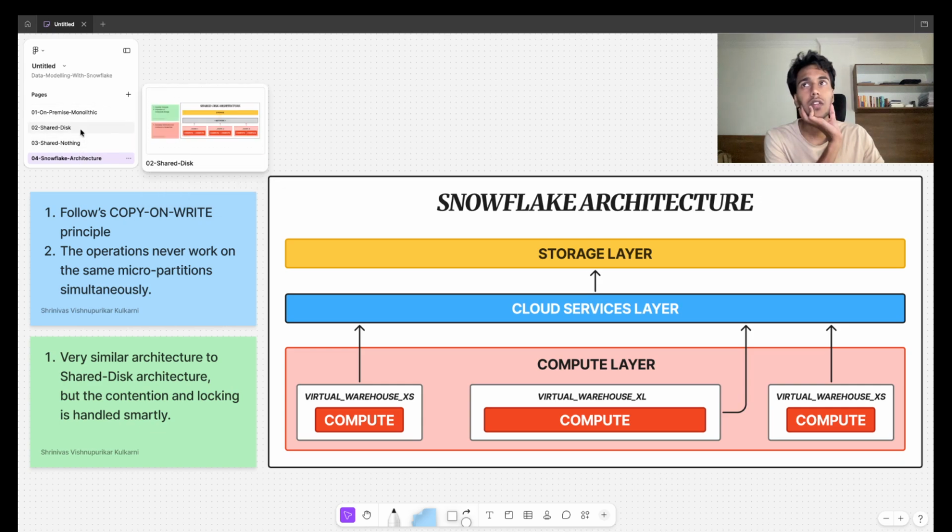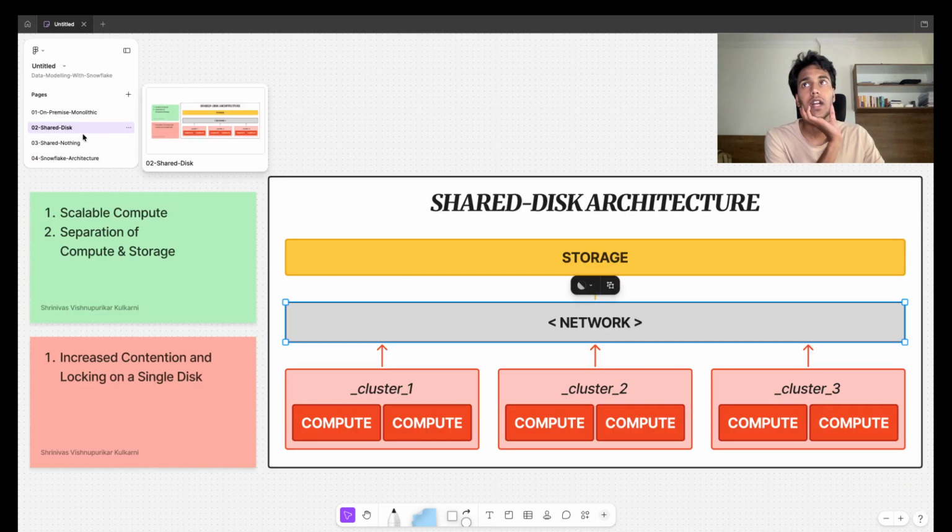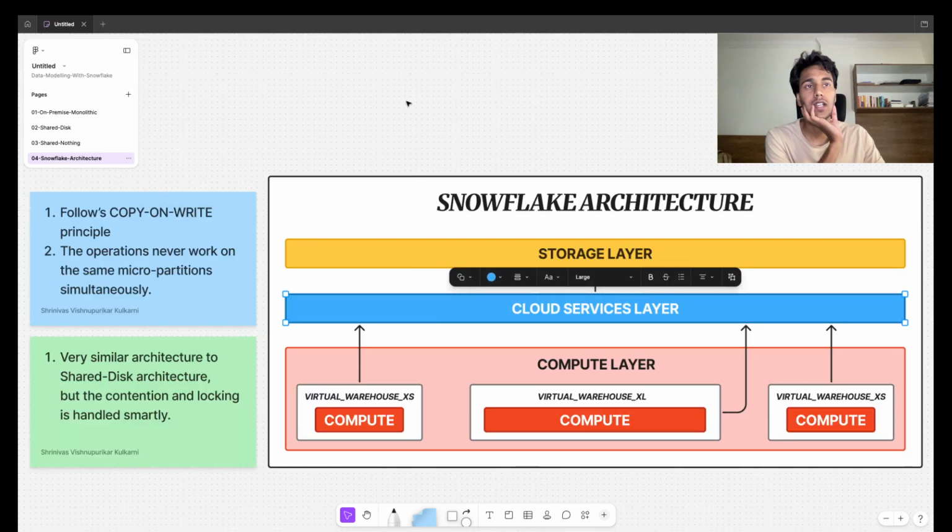So what's the difference apart from this network layer and the cloud service layer? The cloud service layer is managed by Snowflake itself, and depending on who your underlying cloud provider is for your Snowflake account, be it AWS, Azure, or GCP, the cloud service layer is configured automatically whenever you are creating a Snowflake account.